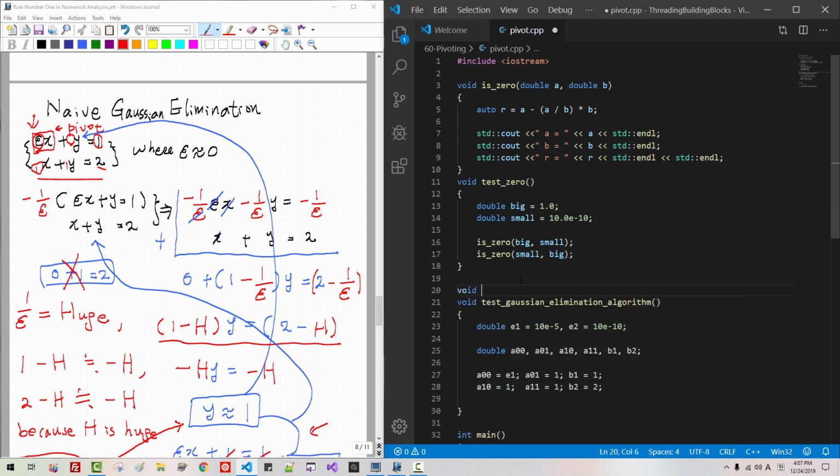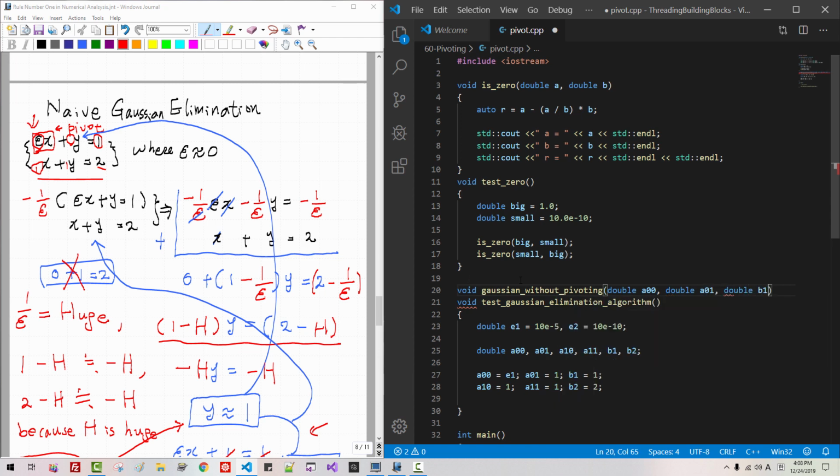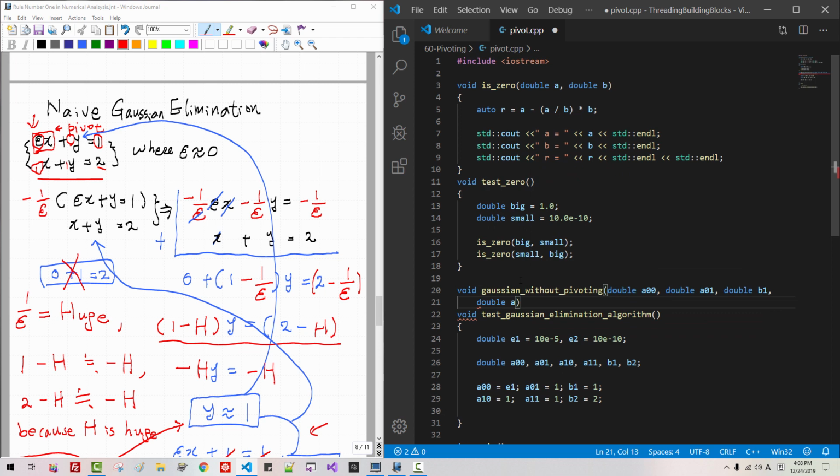Void Gaussian without pivoting, double A00, double A01, double B1, double A10, double A11, double B2.